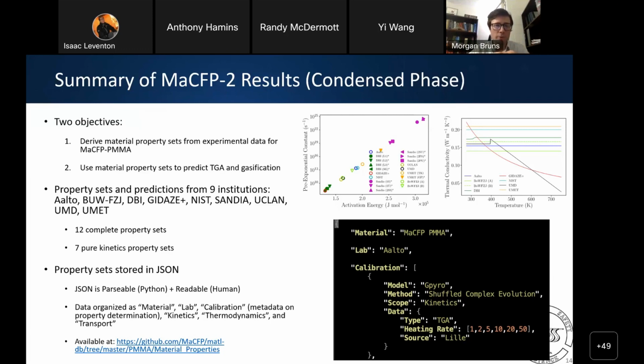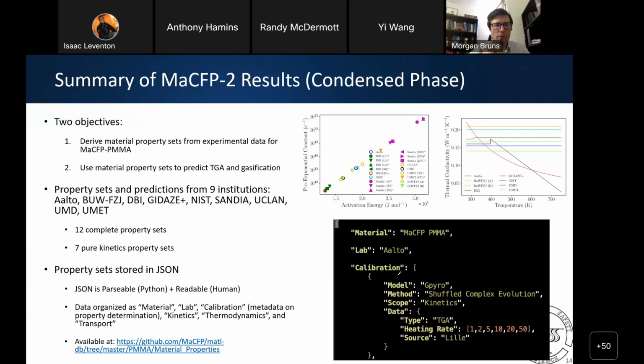The first real results of the condensed phase were presented at the last MaCFP2 with the MaCFP PMMA, and the objectives there were really twofold. One was to give this material.